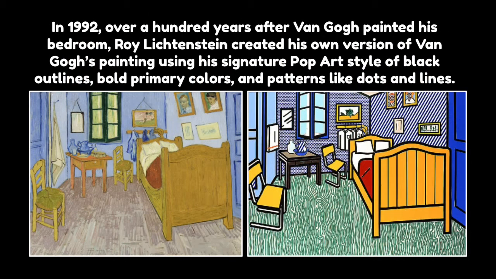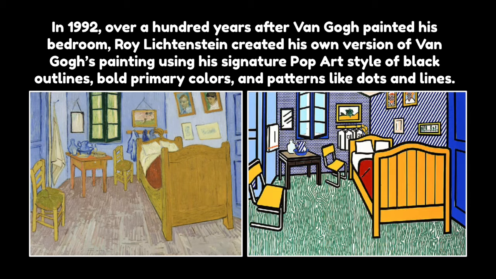And then last time we also learned about how in 1992, over 100 years after Van Gogh painted his original bedroom painting, Roy Lichtenstein created his own version of the Van Gogh painting using his signature pop art style of black outlines, bold primary colors, and patterns like dots and lines.